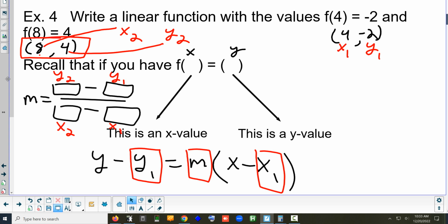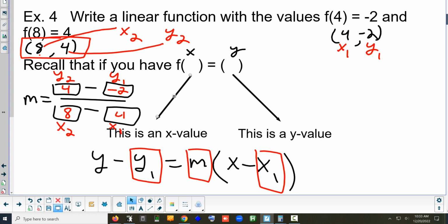So what's y2? 4. Emily, y1? -2. Good. Okay. How about Cadence, x2? Yep, that one's 8. And x1 is 4.